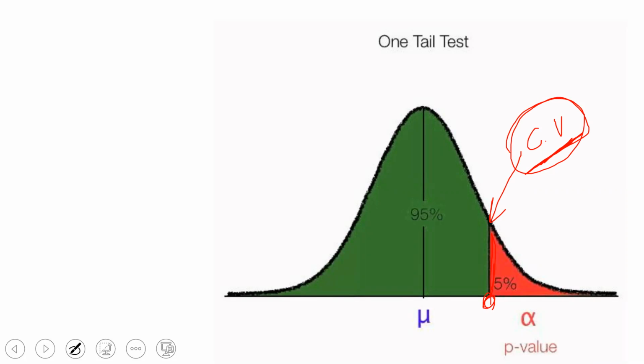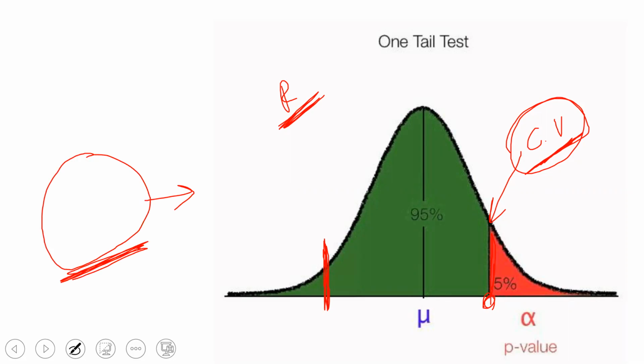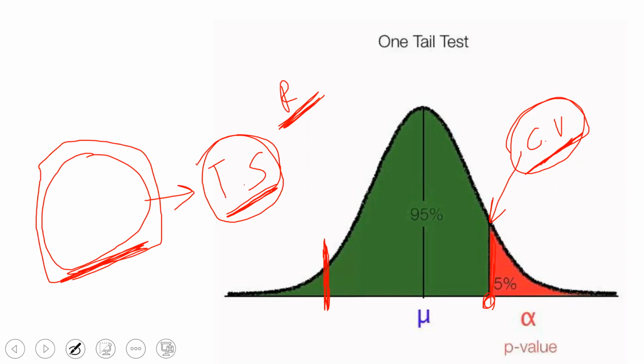This critical value depends on the researcher, where he wants to set it. Now the researcher does the test on the sample, and by doing the test on the sample he finds a test statistic. Now if the test statistic falls in the rejection region, then the null hypothesis will be rejected, otherwise it will be accepted.